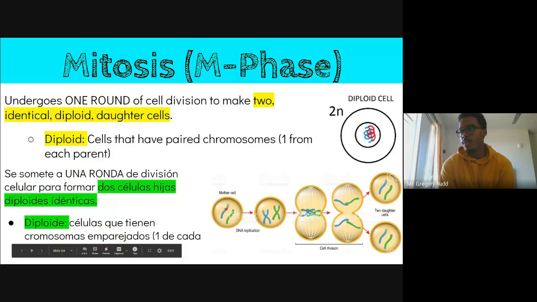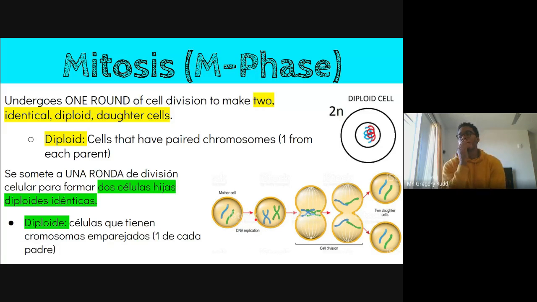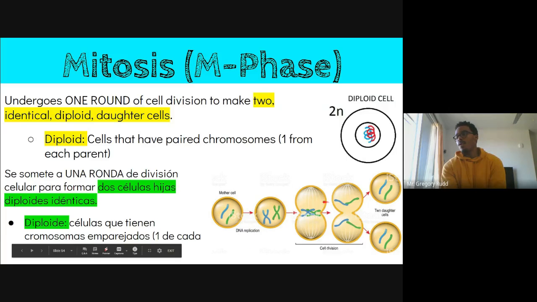We double each chromatid. That's super important because if you don't double before you split, then each of the resulting daughter cells will have half the number of chromosomes. That's not going to work. So we've got to first double, then split. That's why DNA replication is so important. And in the middle, we can see the cell division process taking place.